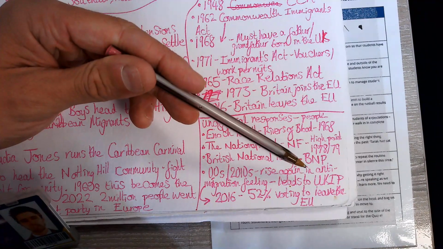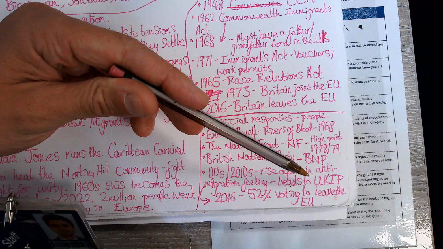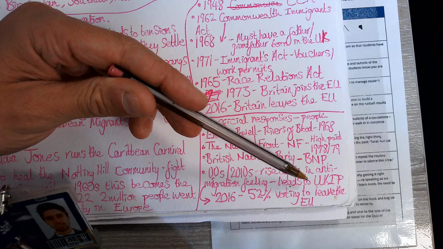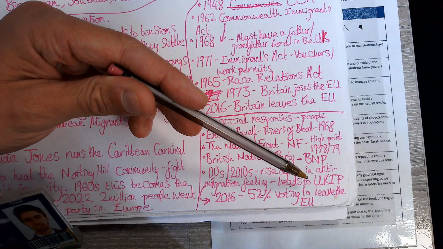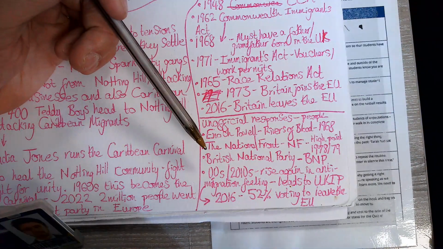The mouthpiece of that anti-migration feeling at that time is, of course, UKIP, the UK Independence Party led by Nigel Farage, who you might remember. Obviously, a lovely migrant Huguenot name for Nigel Farage. Also, go and look up his wife, because you'll see that she's also a migrant.